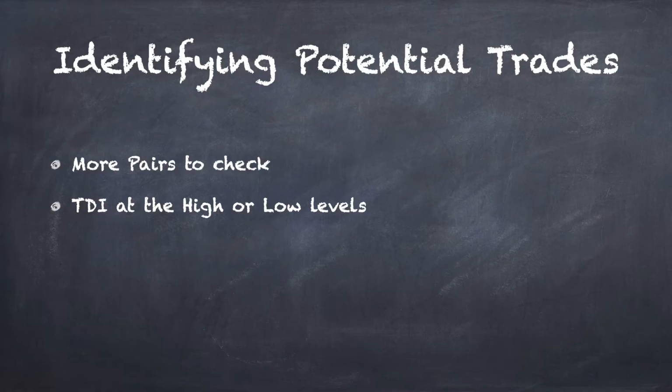So you might see a TDI on a 4-hour chart at either a high or a low level, but price just keeps dropping, and it doesn't reverse, essentially, like you want it to, right? Because this is essentially a reversal strategy, okay? This is a reversal strategy, guys.